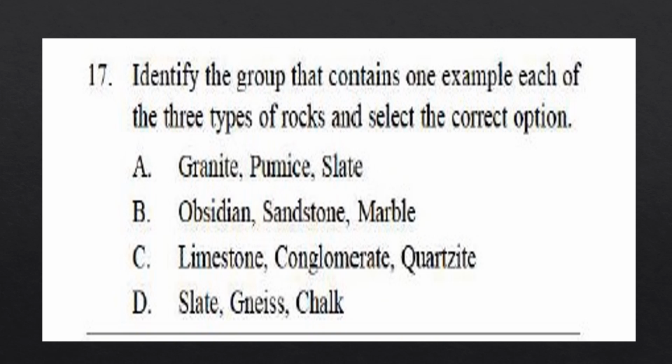D. Slate, gneiss, chalk. And our right answer is option B, as obsidian is igneous, sandstone is sedimentary rock, and marble is metamorphic rock. All are different types of rocks.